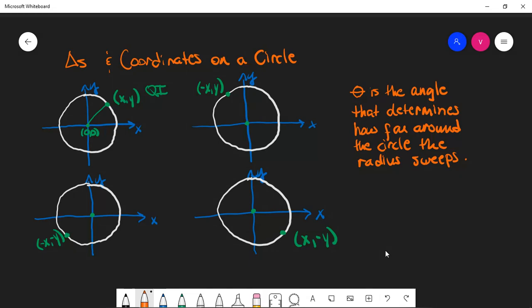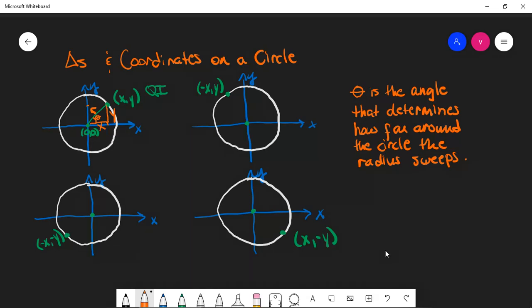This is the x length, going from here to here, and this is the y length. This is the x and this is the y, and this is the radius of the circle. Here is your angle from the positive x-axis to that radius.